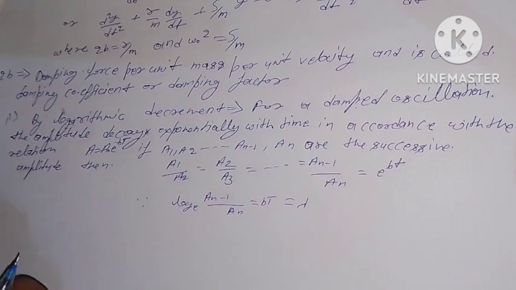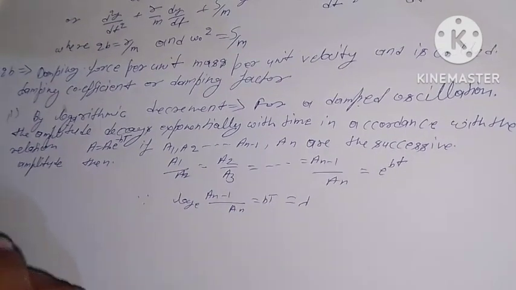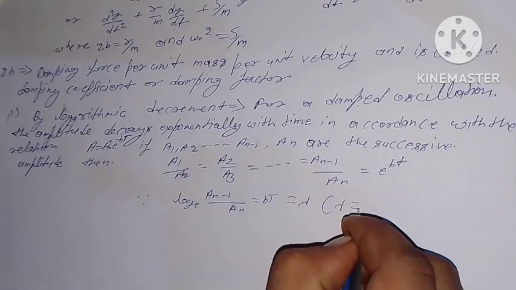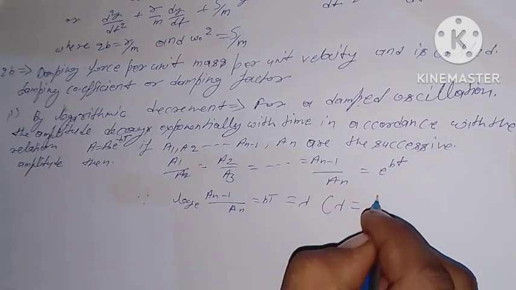Lambda is a constant known as the logarithmic decrement.